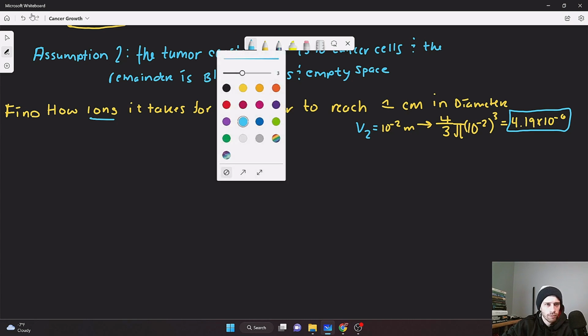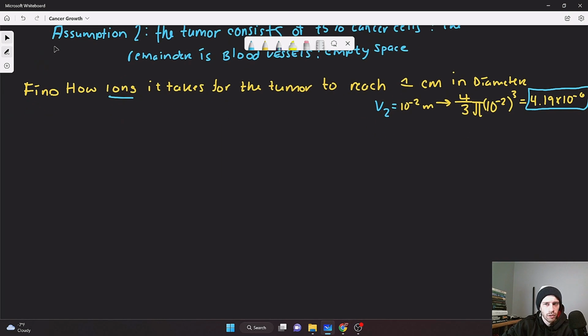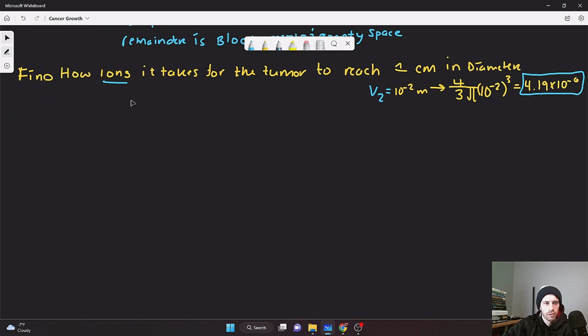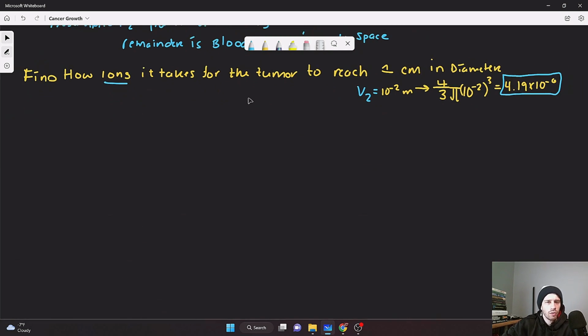To do this, we just plug in our formula. So we want to set V1 times 2^t equal to V2.